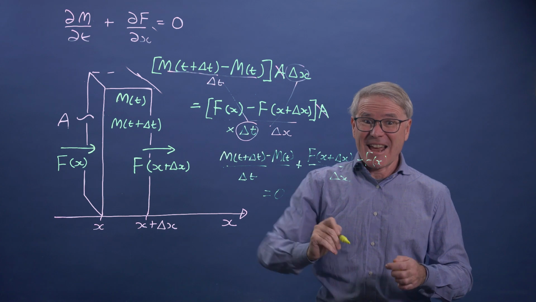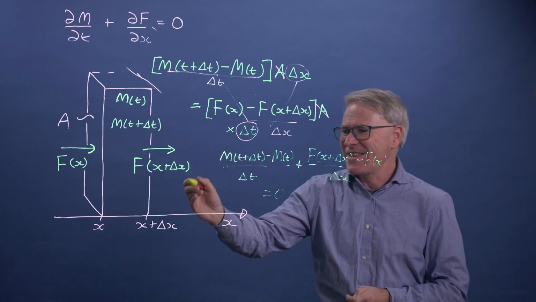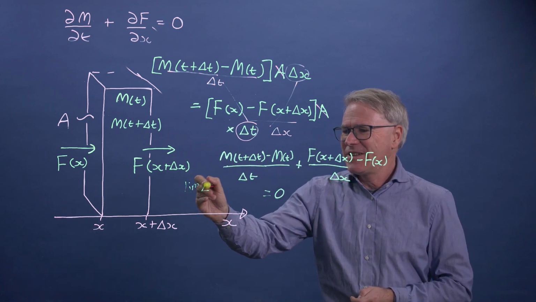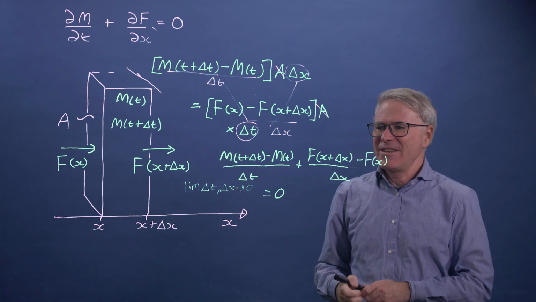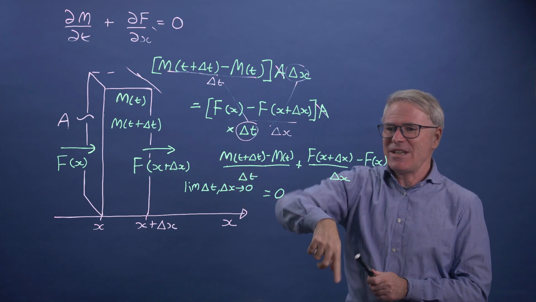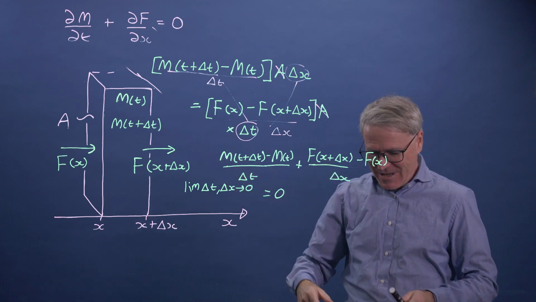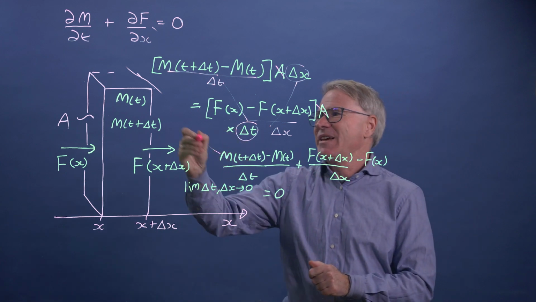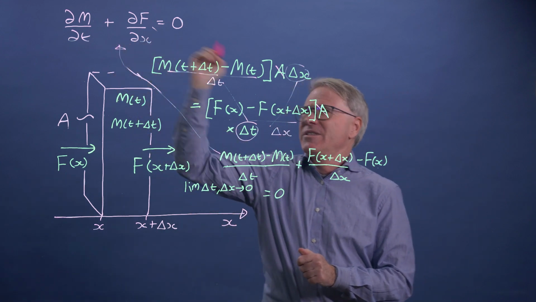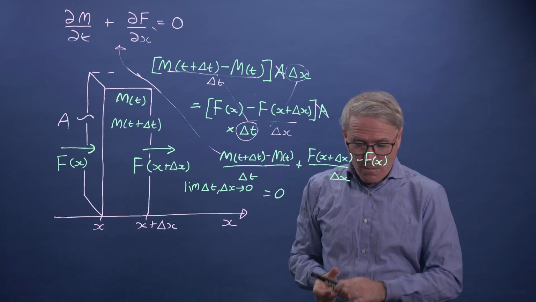And in good old calculus fashion, we're going to take the limit that delta t and delta x go to 0. And I think we can see that this is dm dt and this is df dx. And so I hope I don't have to write any more. You can see immediately that this reduces to this form.